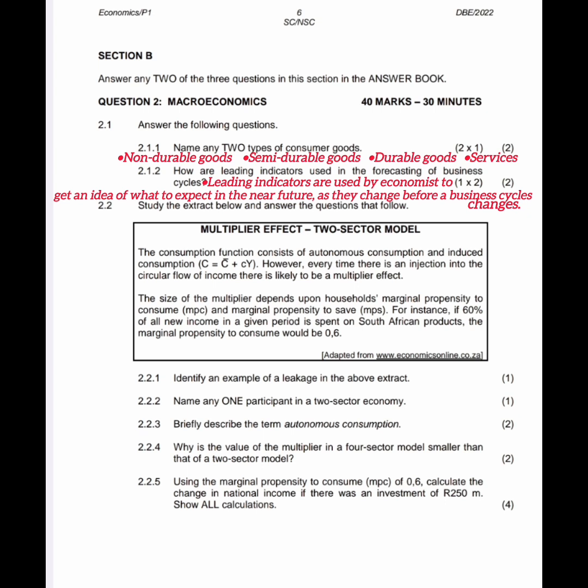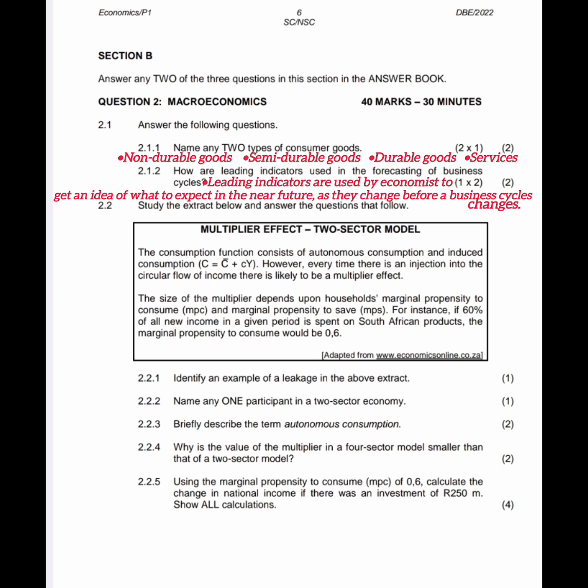The size of the multiplier depends upon households' marginal propensity to consume, MPC, and the marginal propensity to save, MPS. For instance, if 60% of all new income in a given period is spent on South African products, the marginal propensity to consume would be 0.6. So let's go to our questions.